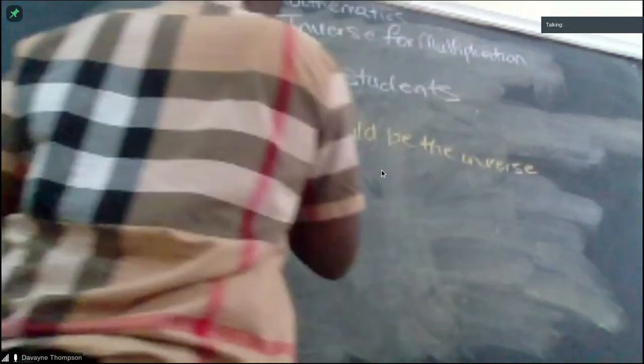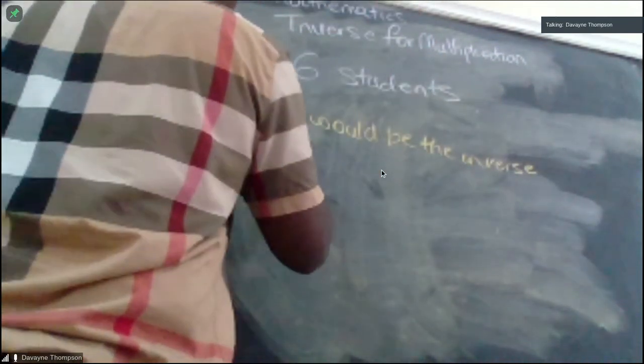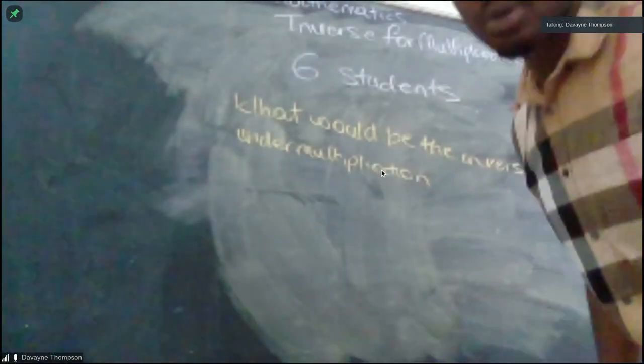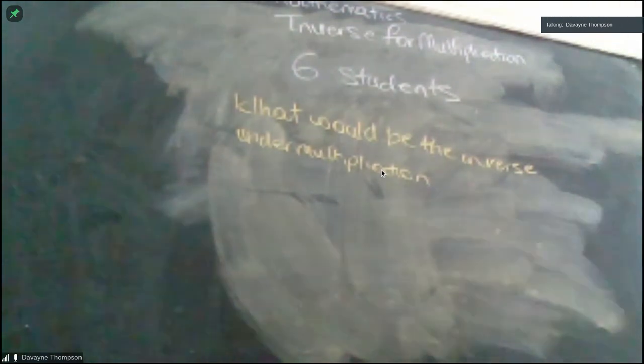What would be the inverse under multiplication? We did this back in fractions. Anybody remember? When we were doing fractions, we found the inverse of those fractions.